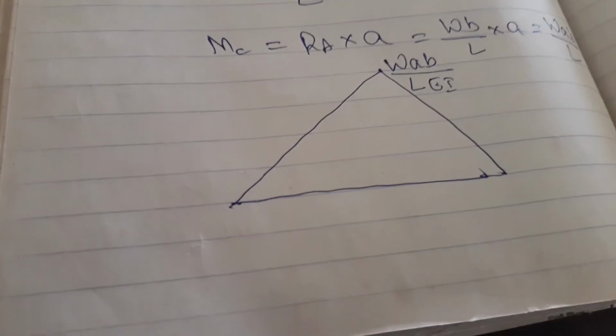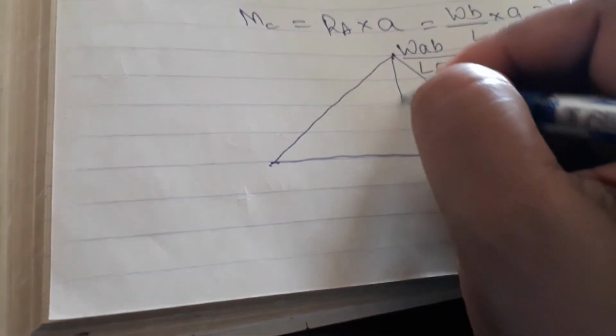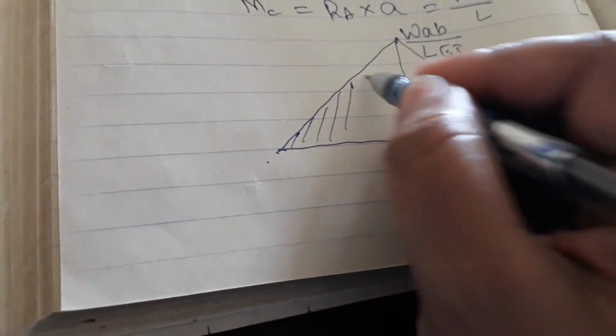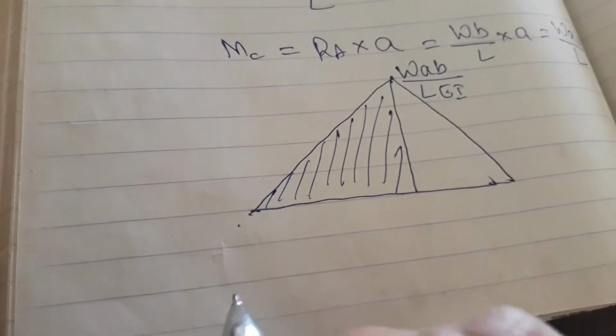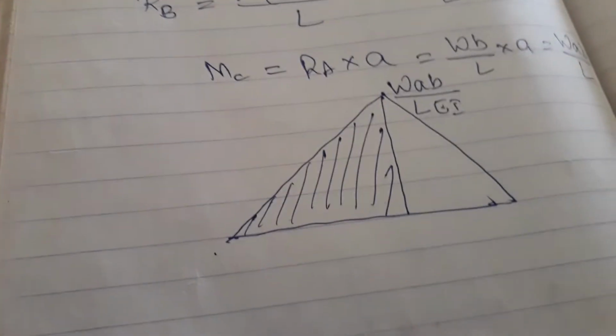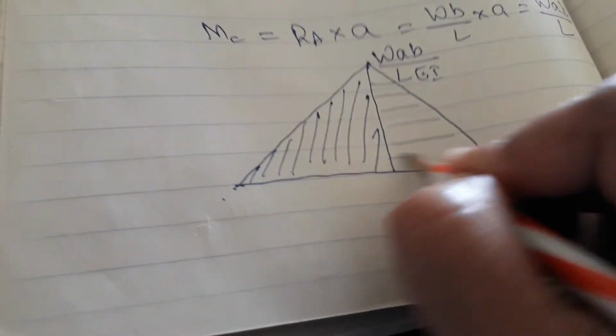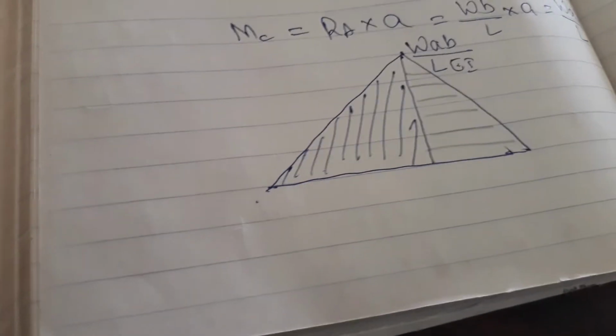So now what we have to do? We have to find out slope. To find out the slope at A, we have to consider the AC portion. If I need to find out the slope at B, then I have to consider the BC portion. You get the same.